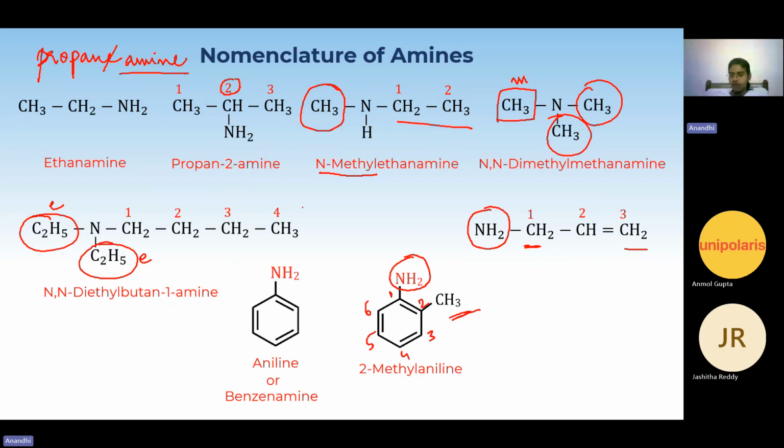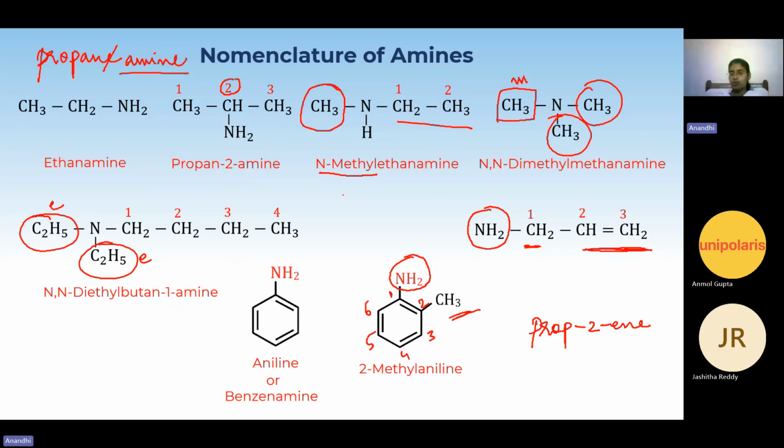So now how to start the name? Since it has three carbons, it is propane. But it is not propane, it has a double bond, so it is propene. And that double bond is between carbon 2 and 3, so it should be prop-2-ene. From this propene, you have to include the amine part also.